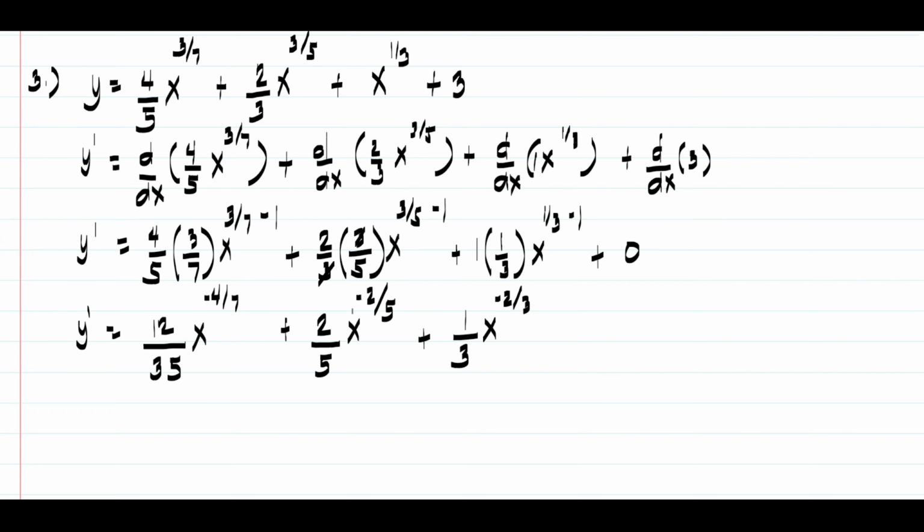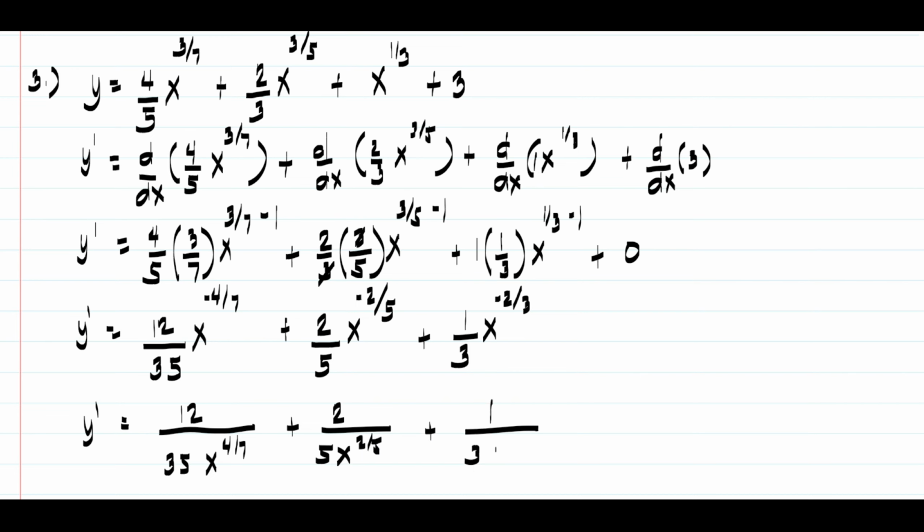And since we have a negative sign on the exponent, we can get the reciprocal of this one to eliminate the negative sign. So we have y prime equals 12 over 35 x raised to 4 over 7 plus 2 over 5 x raised to 2 over 5 plus 1 over 3 x raised to 2/3.